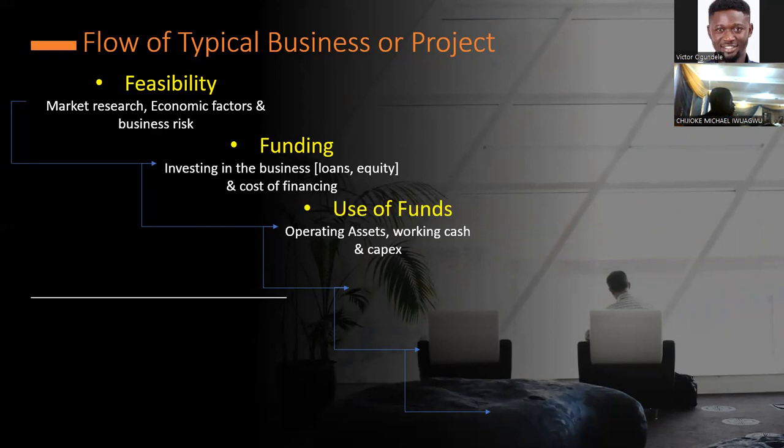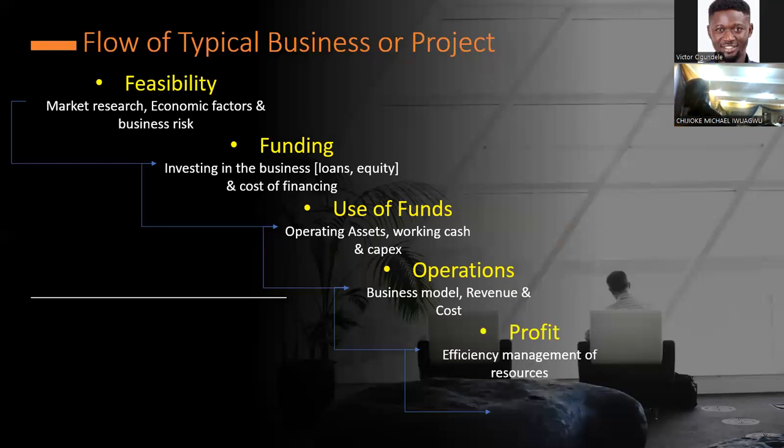Then you state how you plan to make use of the funds: getting some operating assets, equipment, working cash, running of the business. And then you start your business operation. You list your revenue, you list necessary costs, and after that, you have your profitability, which measures the efficiency of management of the resources committed, and then you have your cash at the end.